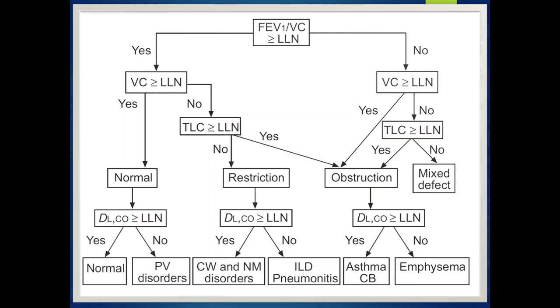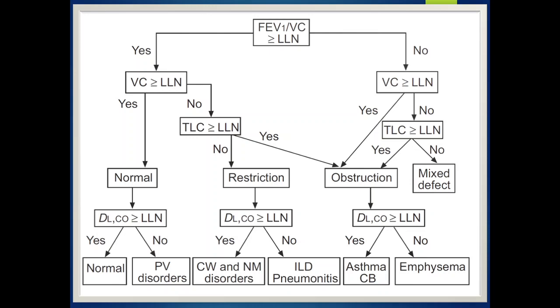If the total lung capacity is low, then you're talking about a mixed disorder, an obstructive lung disease and restrictive lung disease, like the combined emphysema and lung fibrosis. If the total lung capacity is increased, then this is most likely obstructive lung disease.